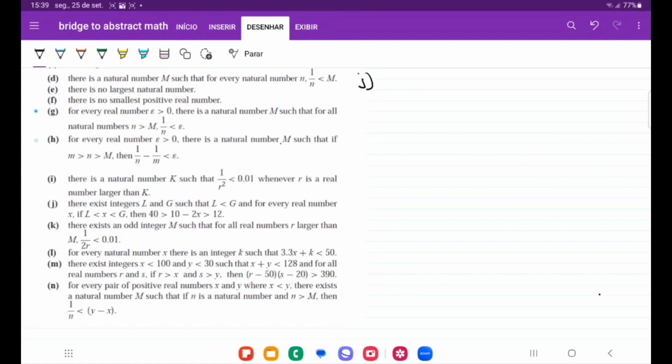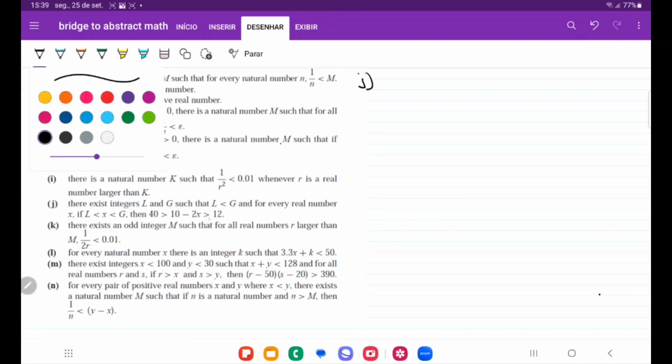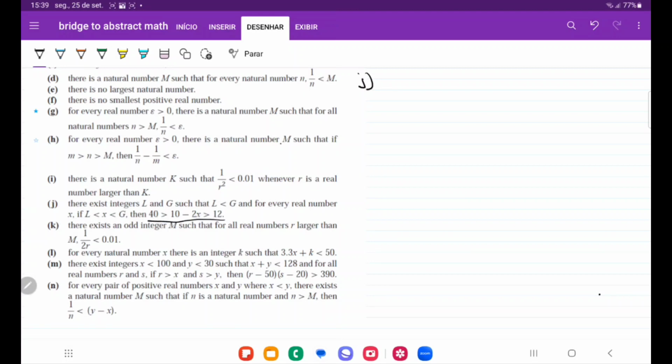For item J, we want to show that there exist integers L, G such that L is less than G, and for every real number x, if x is between them, then this thing over here is true. So let L, G belong to the set of integers, and let L be less than G. Since we just want to show that there exists, we choose two from the universe of integers.